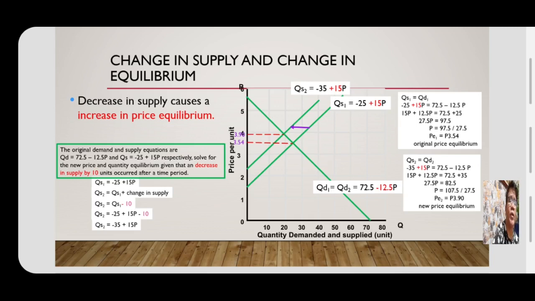So the new price equilibrium minus the original price equilibrium will give us the change in price equilibrium. 3.90 minus 3.54. It's about 36 centavos that is the change in price.